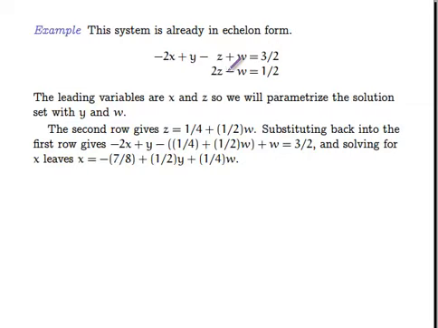Then when I work my way up from that, I'll substitute the value of z into the first equation. I still have three variables, x, y, and w. I want to solve for the leading variable x, and I get this result for x in terms of y and w. So notice that I have both z and x in terms of y and w. I've parameterized my set of solutions in terms of the free variables y and w.